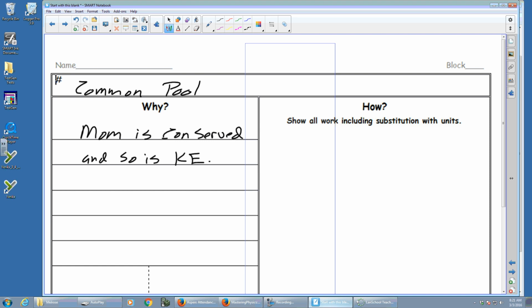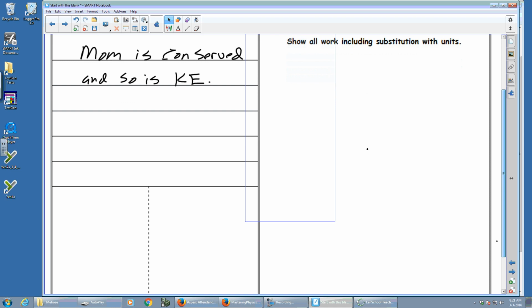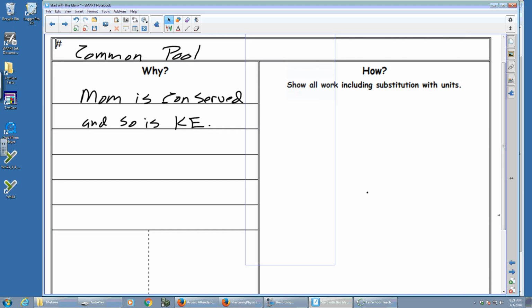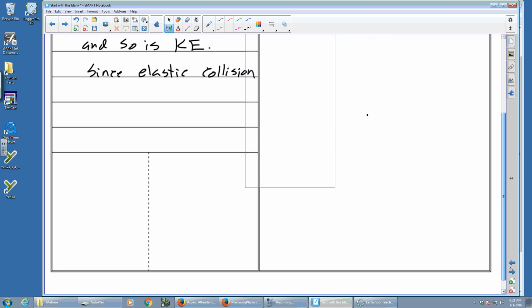We have both momentum and kinetic energy conserved, since the collision is elastic.